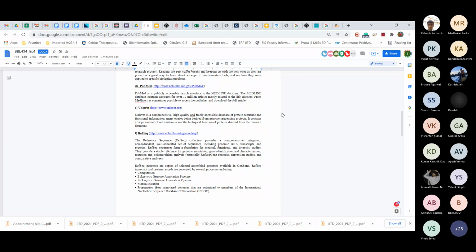PubMed is the interface to access published research articles. If you want to know anything about a research question or some biological information, rather than referring to newspaper articles, I would always recommend you look at PubMed and try to get a proper reference or a proper research study that could actually be explaining these things.